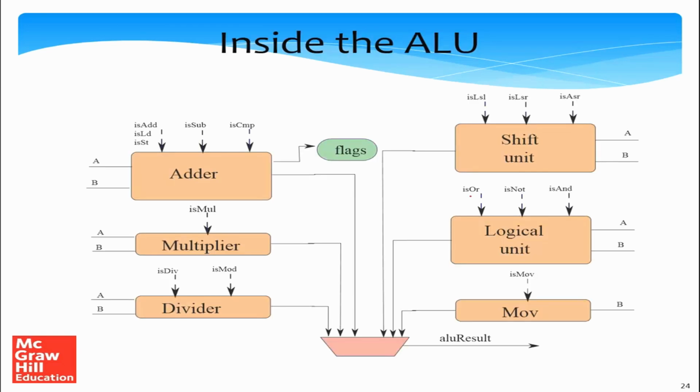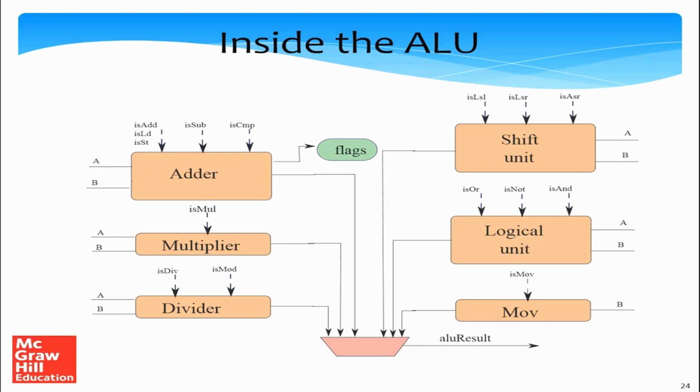So let's take a look at what is happening inside the ALU. Inside the ALU we have many functional units. So what is it exactly that we have? The most important unit inside the ALU is the adder. The adder actually does several things. The adder of course does regular addition.